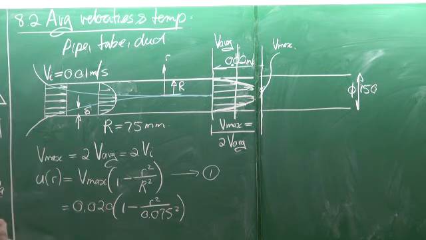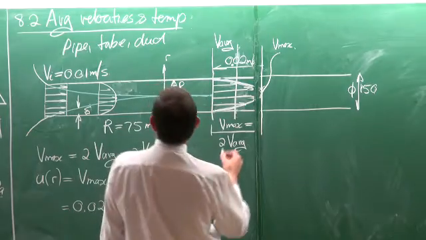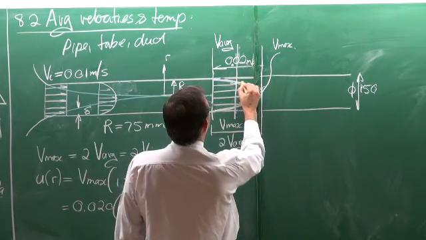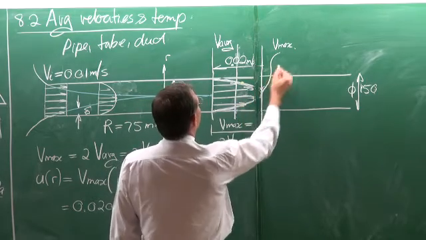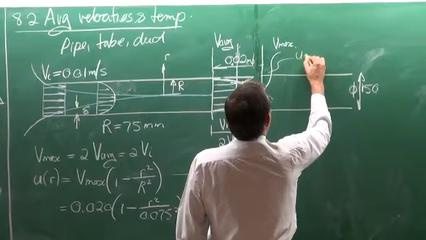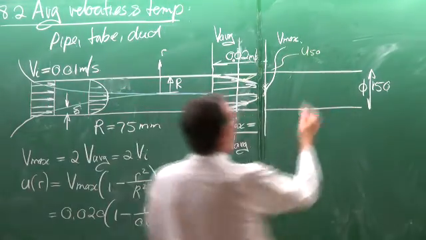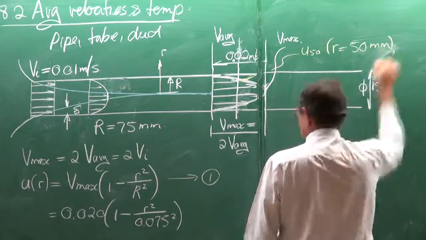You agree with me? Any questions? Okay. For example, if you are interested in, well, that is 75 millimeters, and there's about 50 millimeters. So let's choose that point there. We call that point the velocity at 50, U50, where r is equal to 50 millimeters.